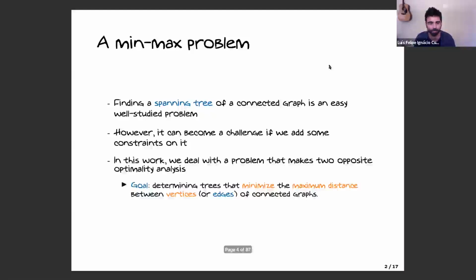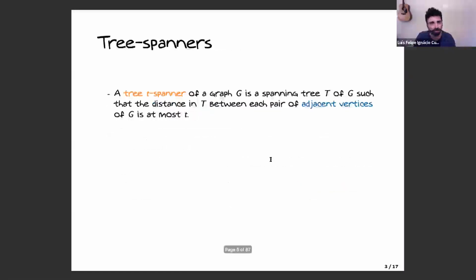In this work, we deal with a problem that wants to minimize the maximum distance between vertices or edges in connected graphs. So this kind of problem is exactly an example of a min-max problem, because you want to minimize the maximum distance between vertices, which I will define next.